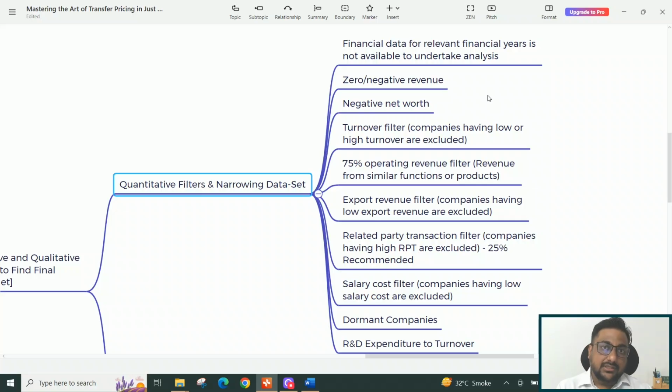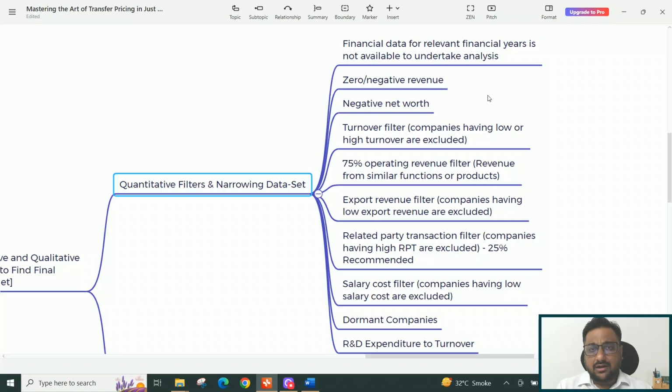It may happen that at certain times a company may earn passive income or revenue from other operations more compared to your comparable function or activities which the tested party is undertaking. At that point of time you can assess this, and you can reject those companies which get more than 25% of revenue from other activities apart from its main operating activity. So that also is required to be excluded.